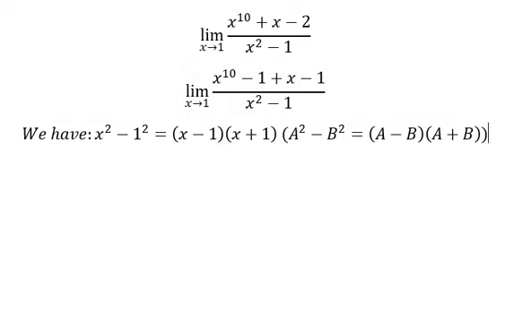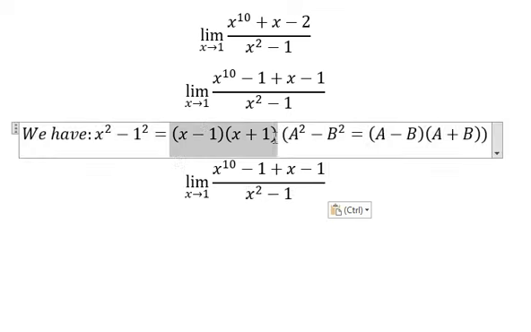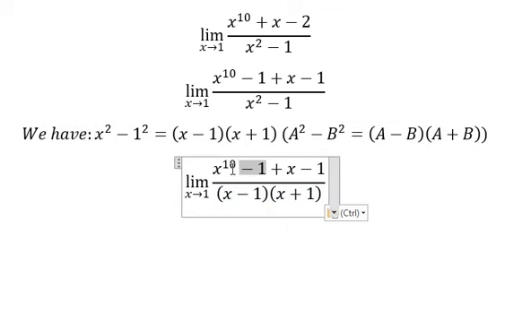So this one that is about this one. About this one, we have the formula in here.